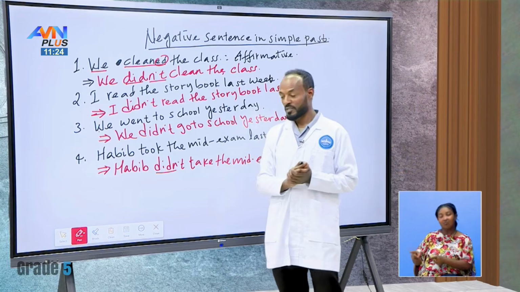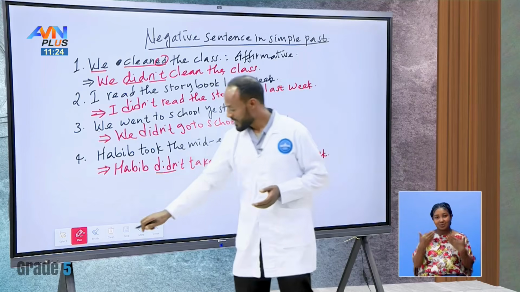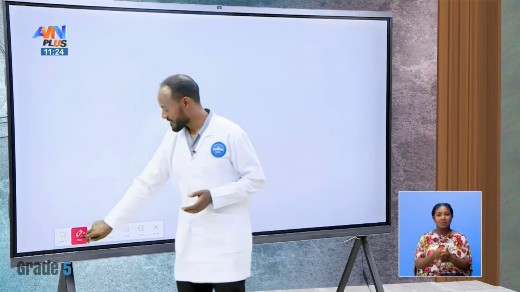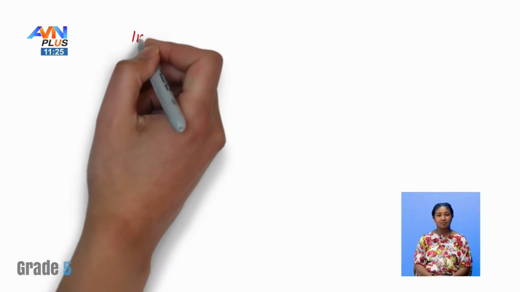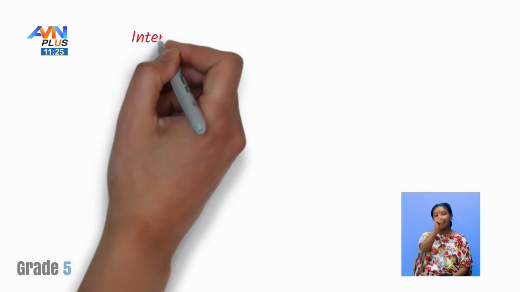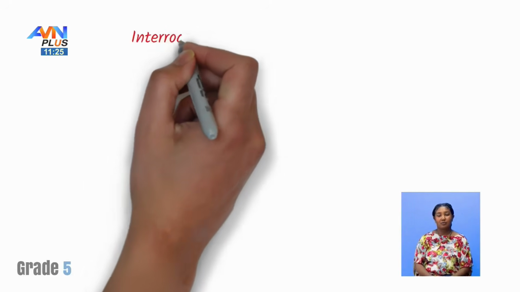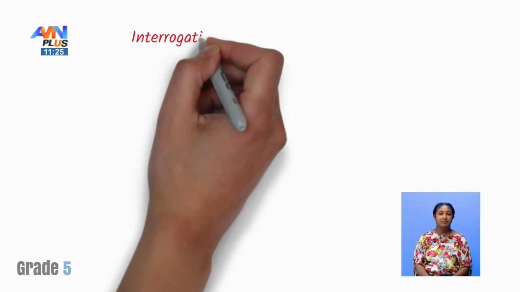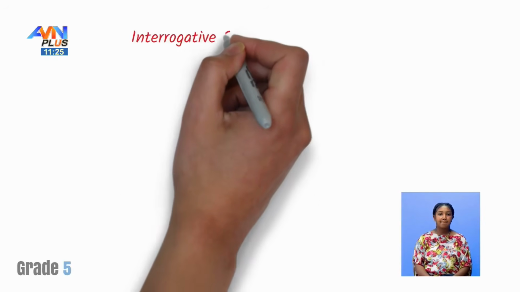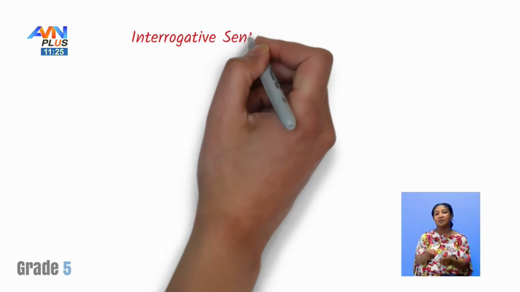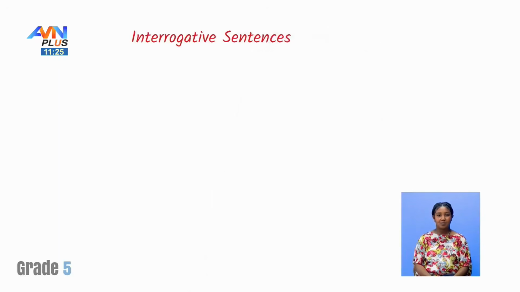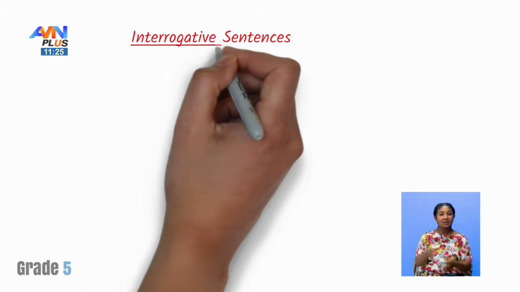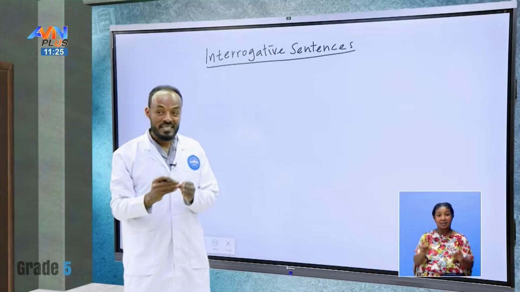Bravo, bravo. Good. So, now let's go to the next point, which is about interrogative sentences in past simple.